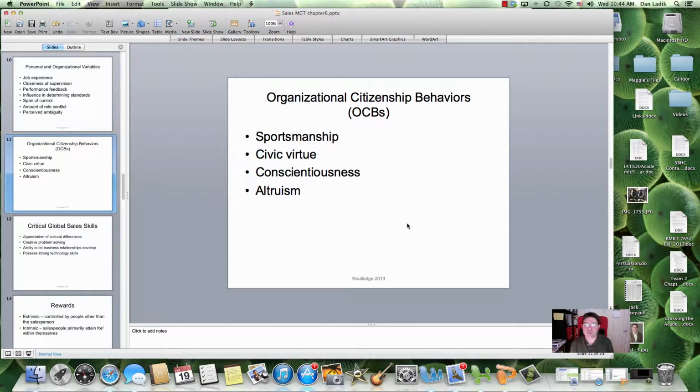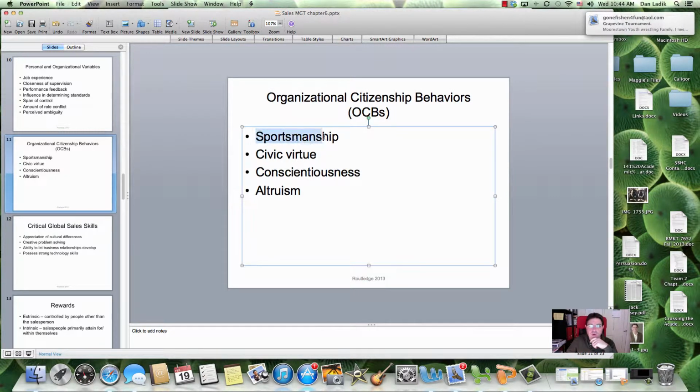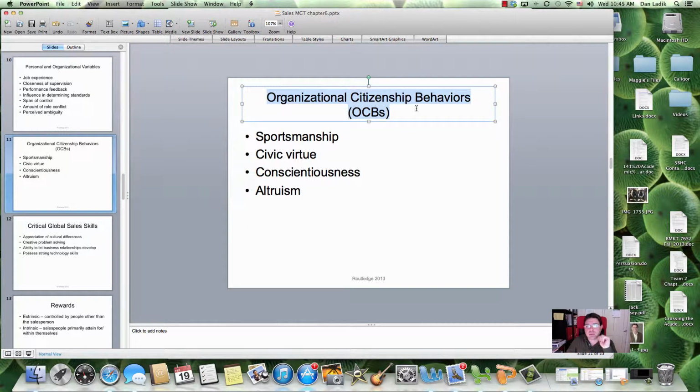OCB, organizational citizenship behavior, this is a fantastic construct. I've seen this in many, many, many studies, where the elements to OCB are sportsmanship, civic value, conscientiousness, and altruism. And what happens is, these are people that believe in the organization.